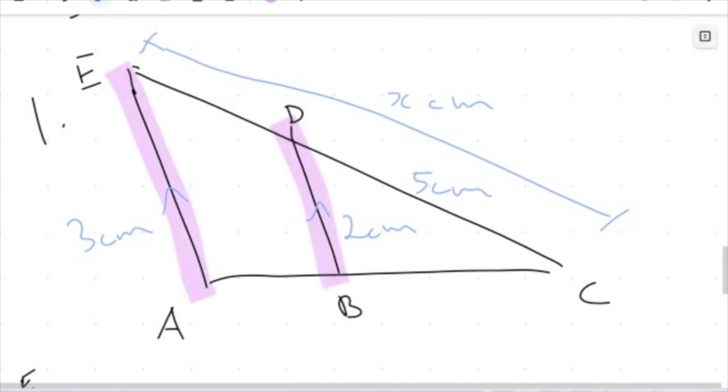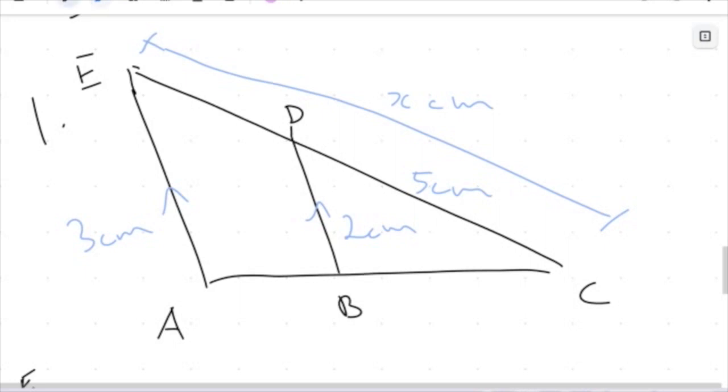So what does that tell us about some of these angles? Well, when we have parallel lines and we have a transversal cutting them, if we remember, some angle relationships come about.